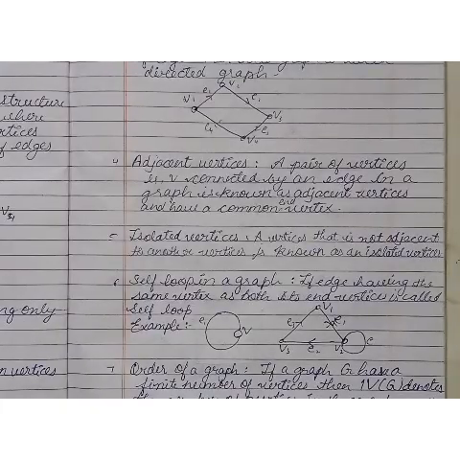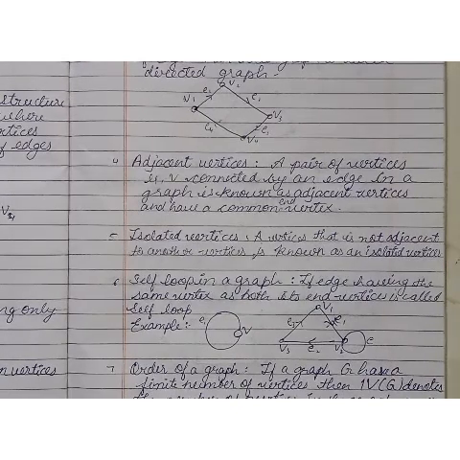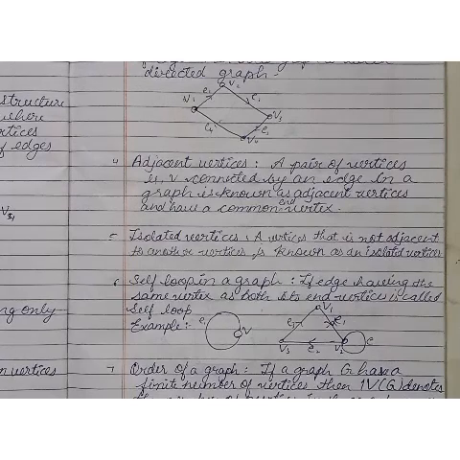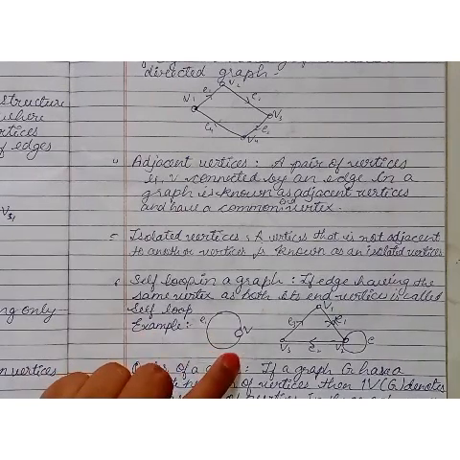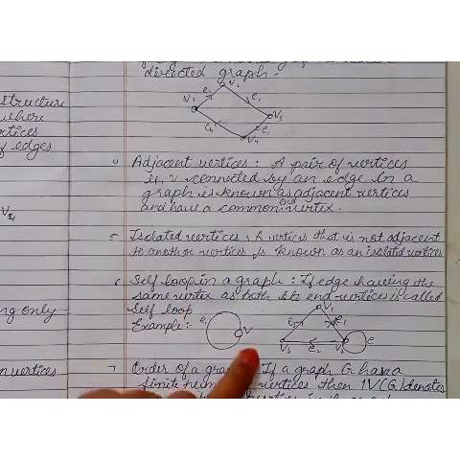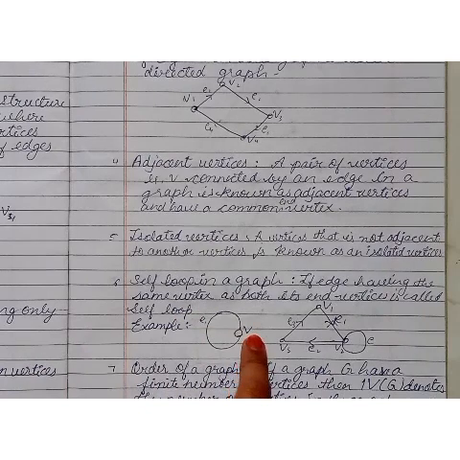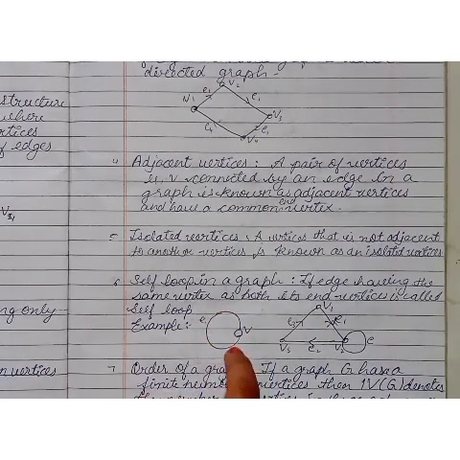Let's see what is a self-loop in a graph. An edge having the same vertex as both its end vertices is called a self-loop. Self-loop means an edge starts from one point and goes to the same point, completing one loop. Here we can see there is edge E1 and vertex V and this is a complete loop.